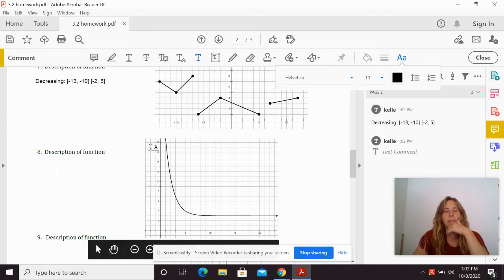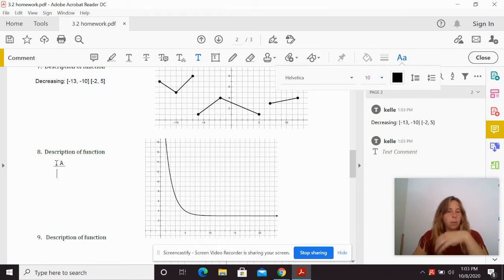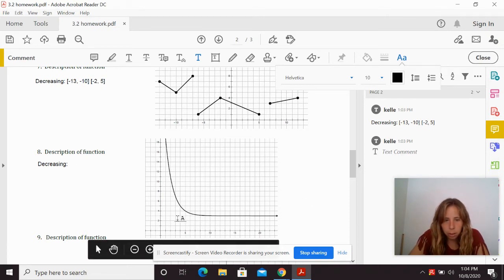So it is decreasing the entire time. It's getting closer and closer to y equals 3. It's not ever going to touch that line, but it's getting incredibly close to it.